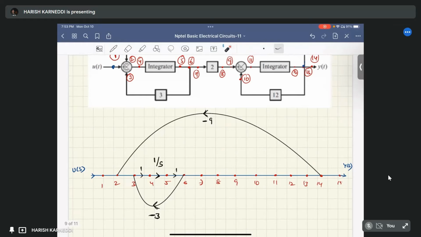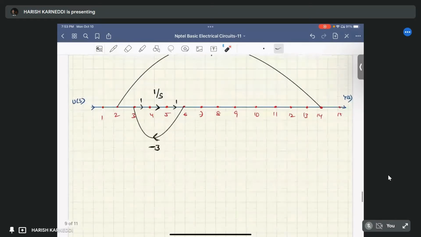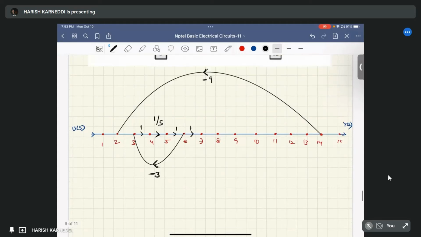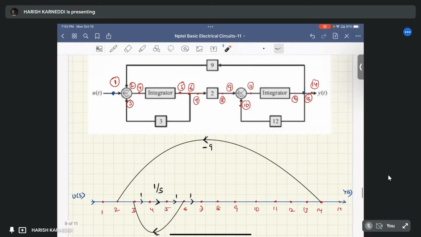Next, we reached the point 6. Okay, 6 to 7, in between these two, there is no gain, so we can write 1. What about 7 to 8? 7 is here and 8 is here.